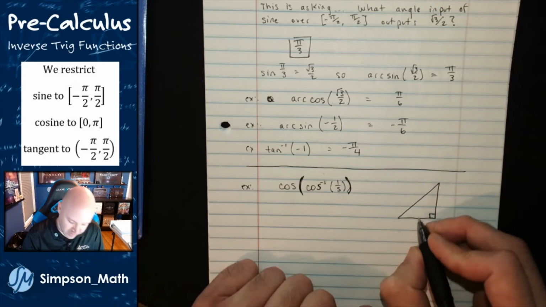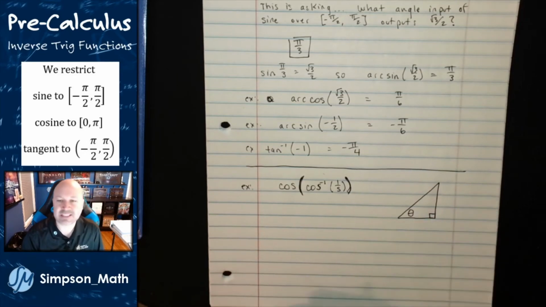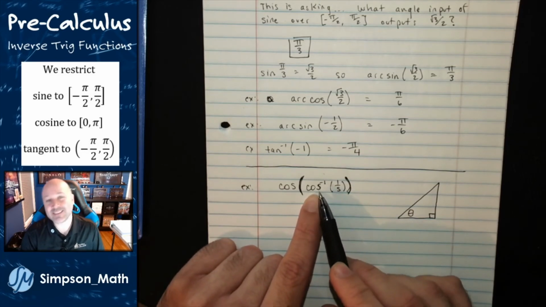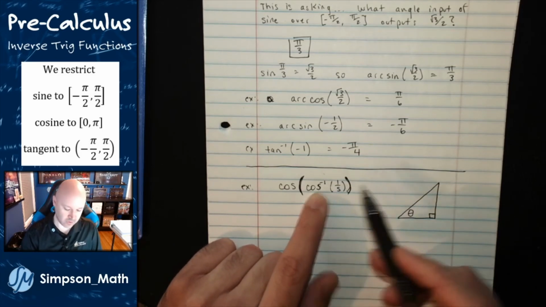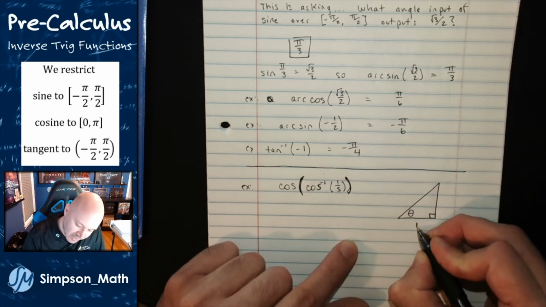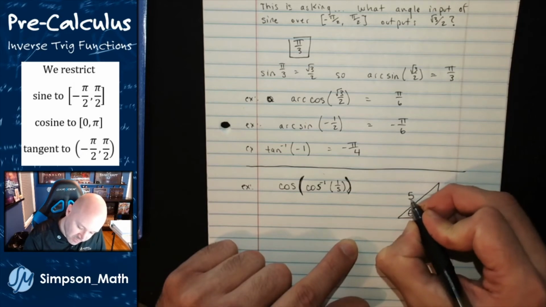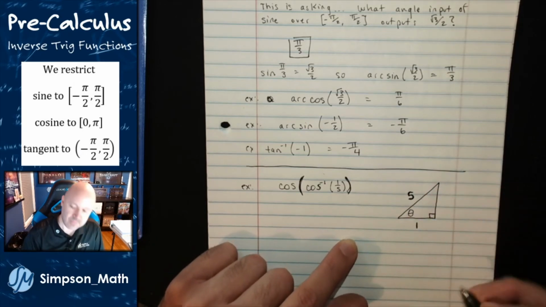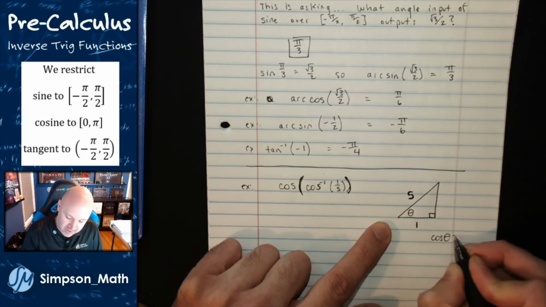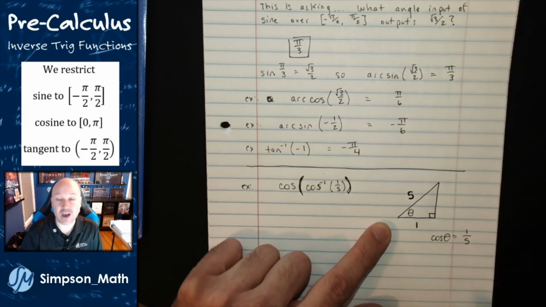I'm going to call it this one down here, and I'm going to call it theta, because that's what I'm used to. Well, cosine is defined as the adjacent over the hypotenuse. I have a fraction here, 1/5. I'm going to label my adjacent 1 and my hypotenuse 5. I think then that cosine of theta equals 1/5.